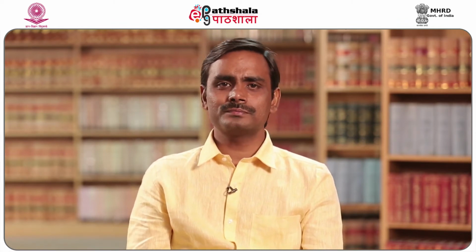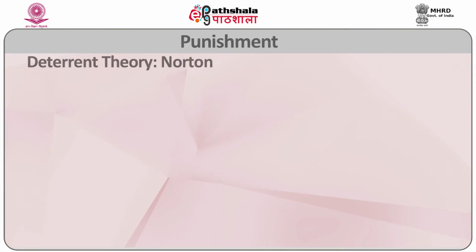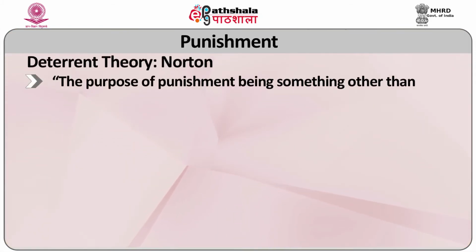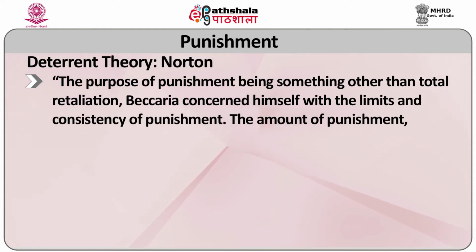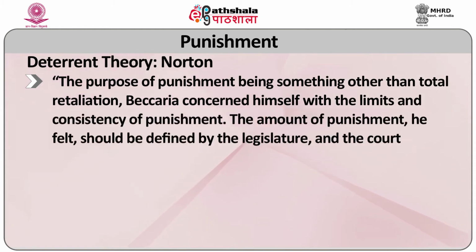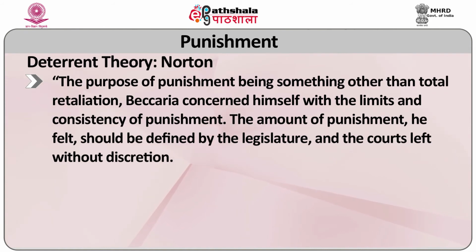Now, according to Norton, and I quote what he said, the purpose of punishment being something other than total retaliation, Beccaria concerned himself with the limits and consistency of punishment. The amount of punishment, he felt, should be defined by the legislature and the courts left without discretion.